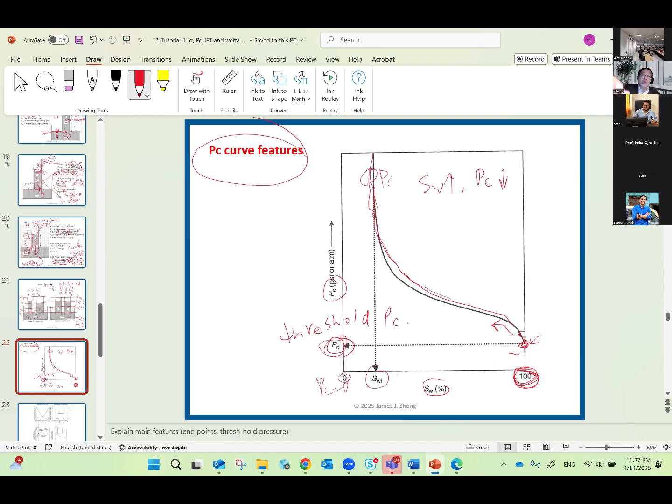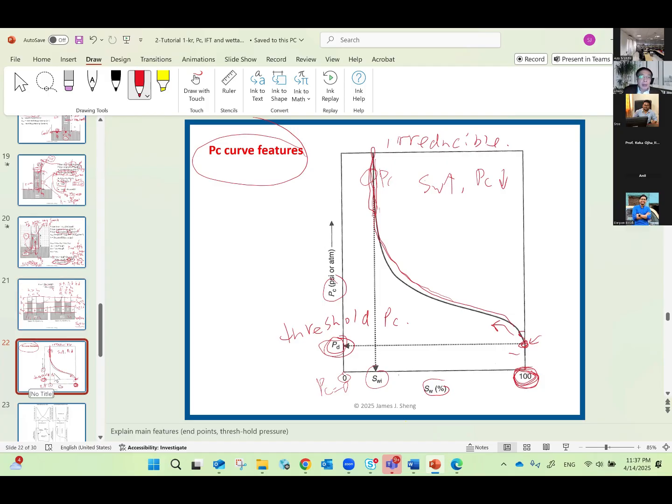Even if you have very high pressure to push oil into the reservoir, no further oil could come because this water is the irreducible water saturation. Okay, is it clear? All right, now let's go.